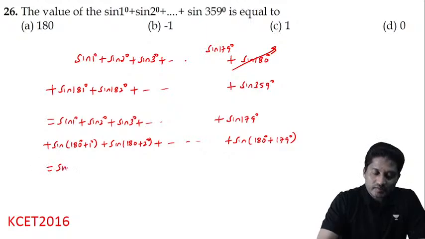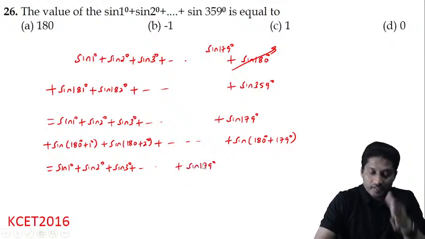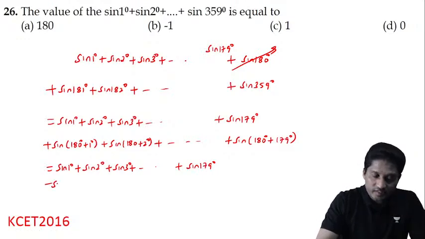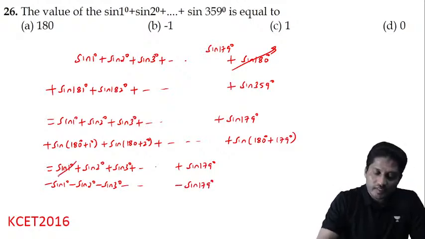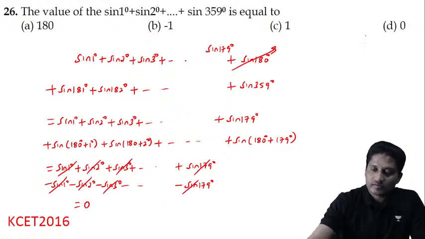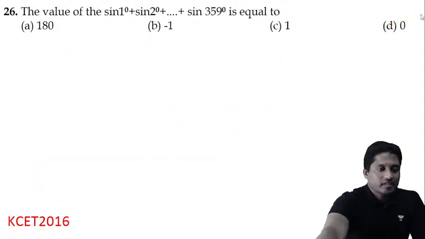It will be sine 1 plus sine 2 plus sine 3 and so on up to sine 179. For 180 plus theta, in the third quadrant sine is negative. So this is minus sine 1 minus sine 2 minus sine 3, and so on up to minus sine 179. Right, this will cancel. All this will cancel. Get the answer as 0. Answer D. Let's move to the next question.